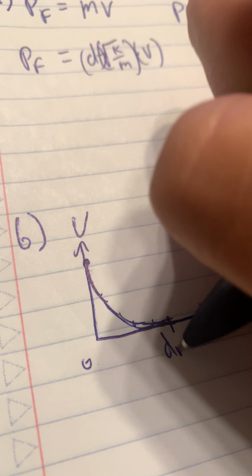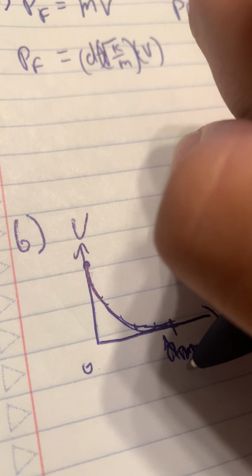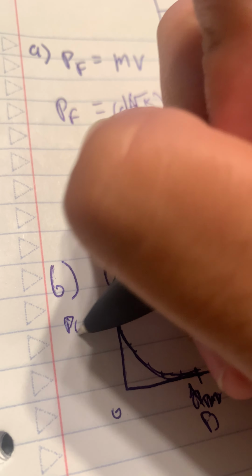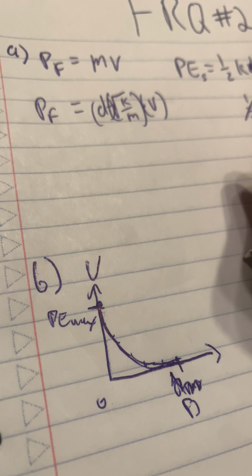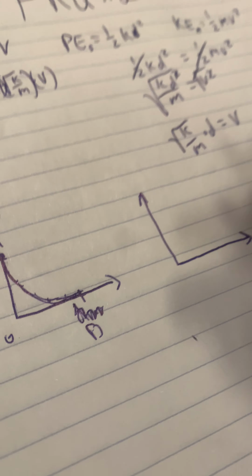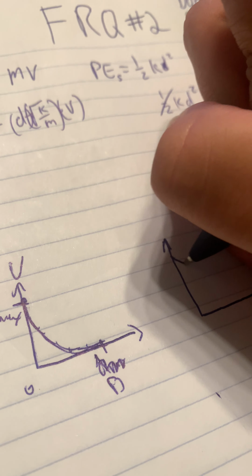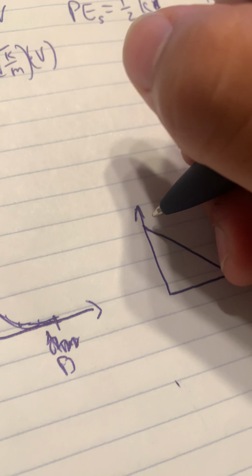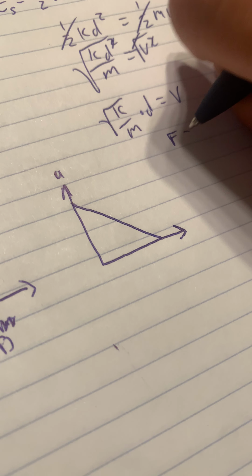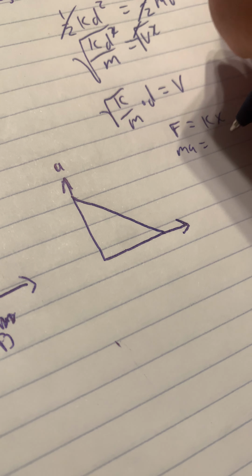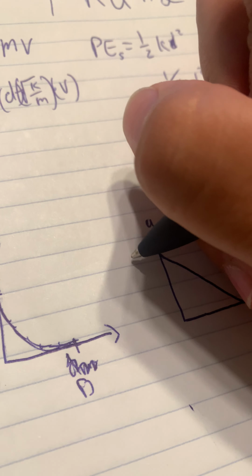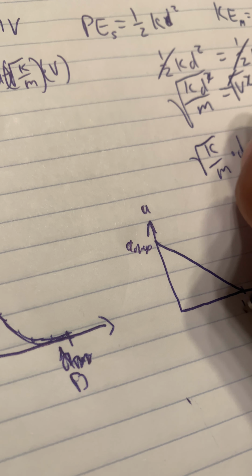So this would be B, and up here would be PE max. And then for the acceleration over distance, we know that it will just be a linear line, as the acceleration will decrease, because force is equal to kx, so ma is equal to kx. So these are related. This would be a max, and this would be B.